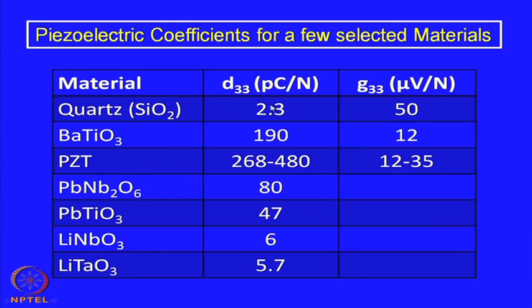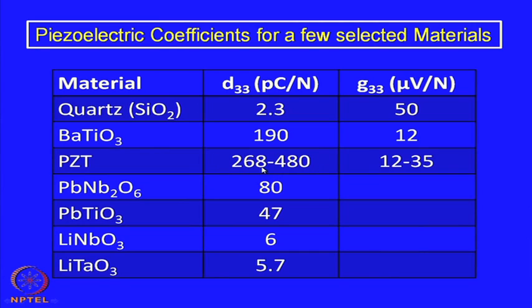So, the voltage coefficient is much less, about 12 compared to quartz, whereas the strain coefficient D33 value is much more. PZT is one of the most important and widely used piezoelectric materials, that is 268.